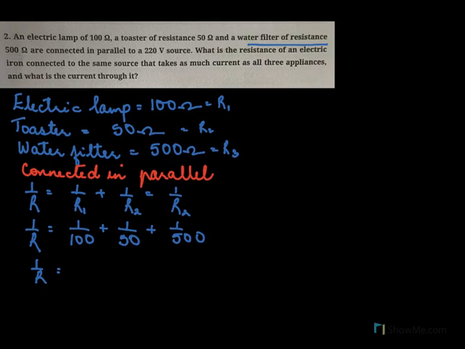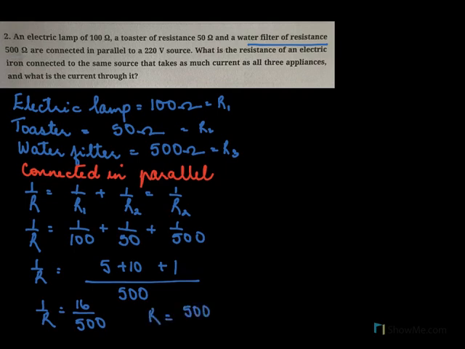Now here the LCM, you will agree, will be 500. So this will be 5 plus 10 plus 1. So 1 by R will be 16 over 500. So R equals 500 by 16 ohms.